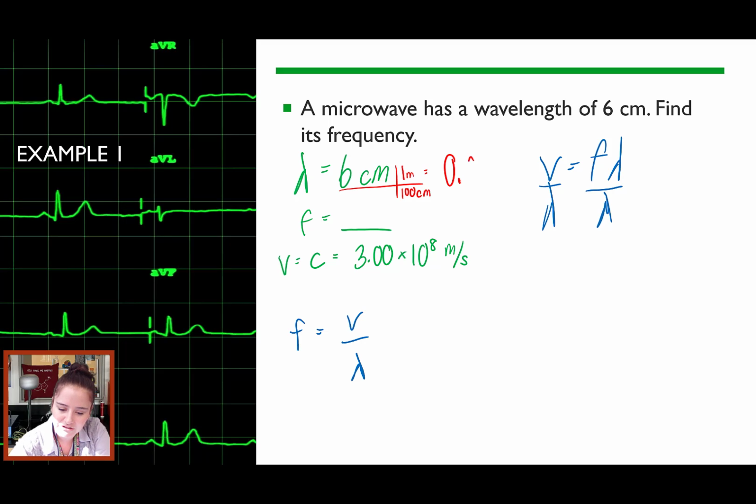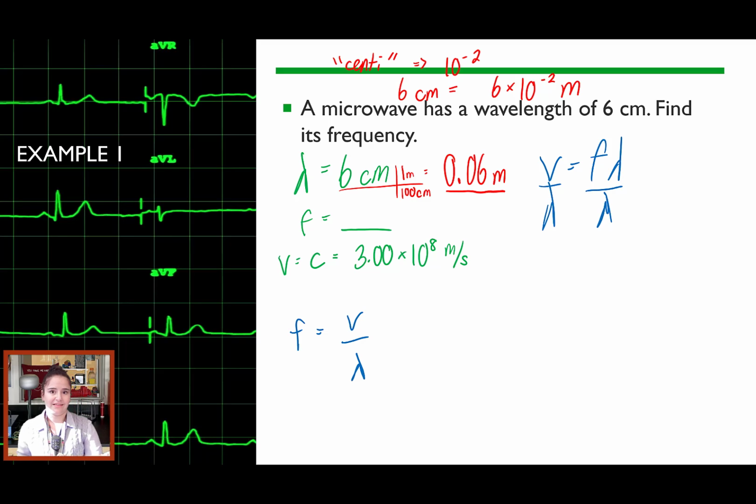We're dividing by 100 and get 0.06 meters. You can also remember that the prefix centi means 100th, or 10 to the negative 2. So 6 centimeters means 6 times 10 to the negative 2 meters, which is what we see there.